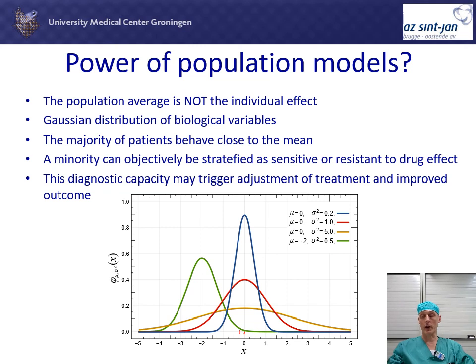And moreover, you have the ability to stratify your patient as a sensitive or resistant patient, and this also will evoke an adaptation of the rest of your case, and you will give a lower or higher drug dose than average, but this will be in favor of that individual patient.